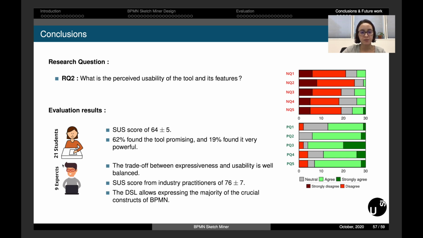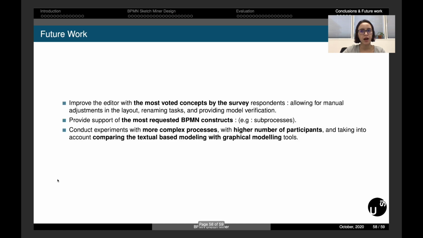Regarding the experts, the majority of them find that the BPMN Sketch Miner actually supports the majority of the crucial constructs. As future work, we also gathered some opinions from the respondents of the surveys about the concepts and features they would like to see in new versions of the BPMN Sketch Miner, and that's what we will take into consideration in our future work.